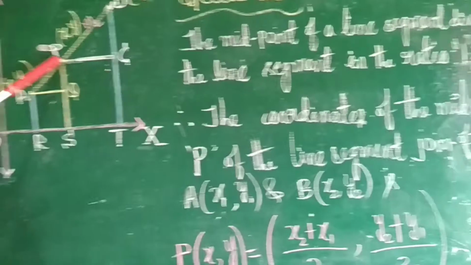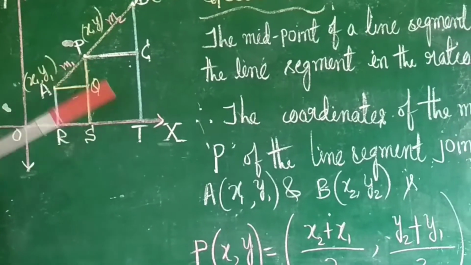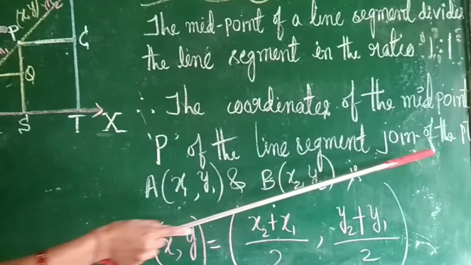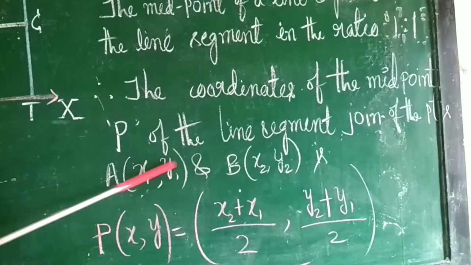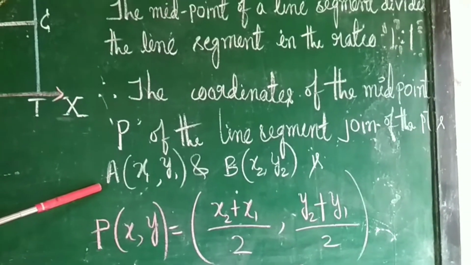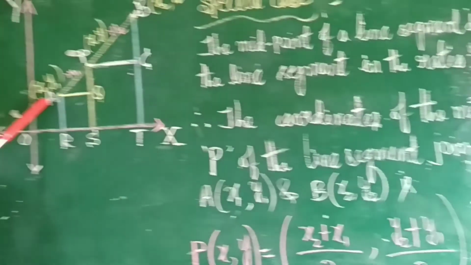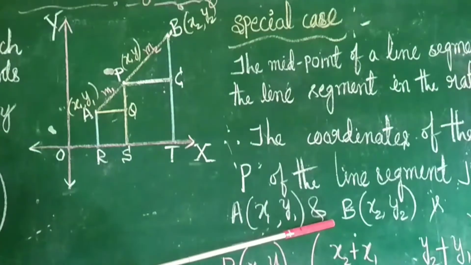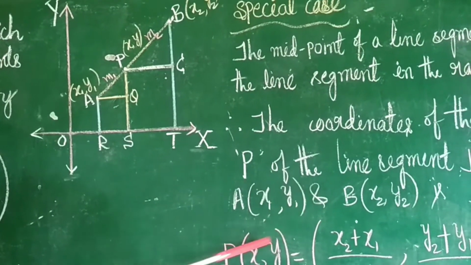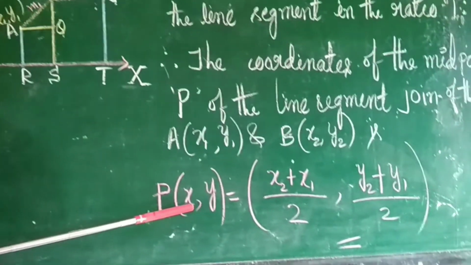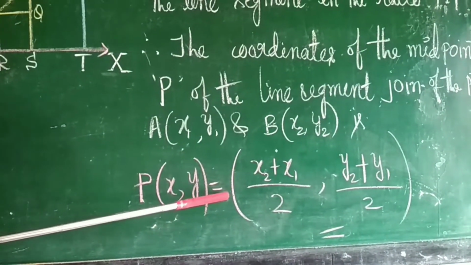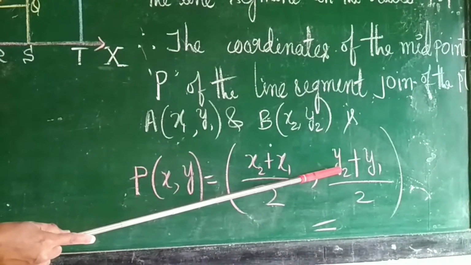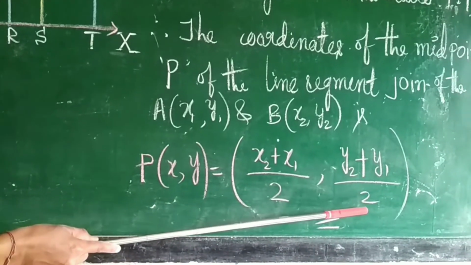Therefore, the coordinates of the midpoint P of the line segment joining A of x1, y1 and B of x2, y2 is given by the formula P of x, y equal to x2 plus x1 divided by 2, y2 plus y1 divided by 2.